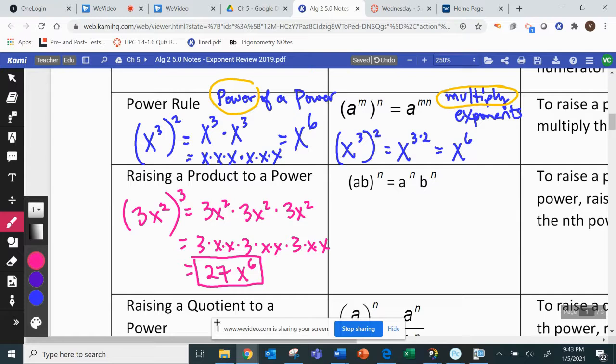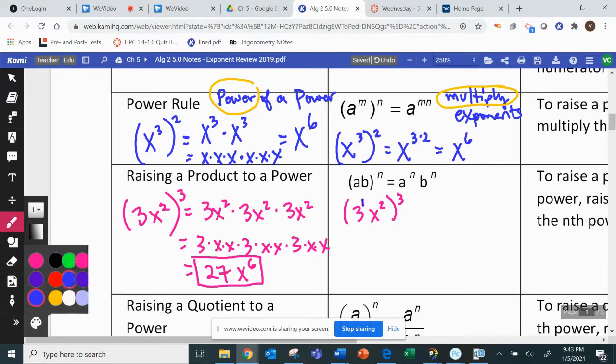If we raise it to a power, you can actually distribute that power to each piece. So if I have 3x squared to the third, currently my 3 has an exponent of 1.